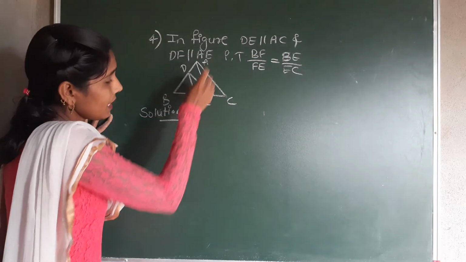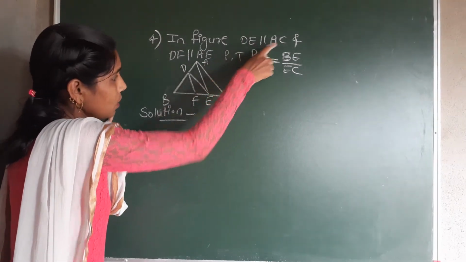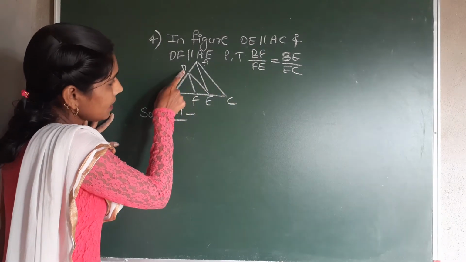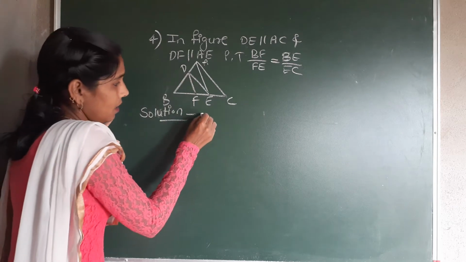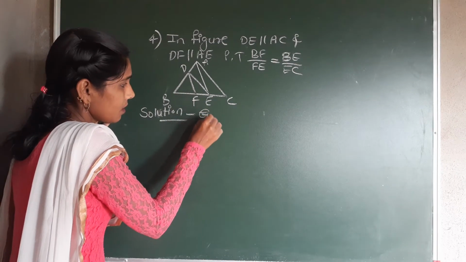Here what is given? DE is parallel to AC. DE is parallel to AC means which triangle do we have to take? Triangle ABC.